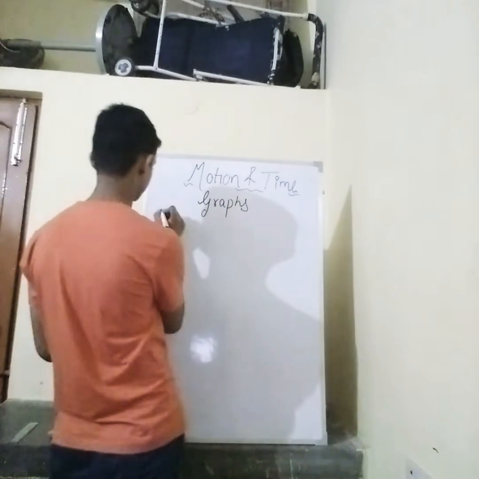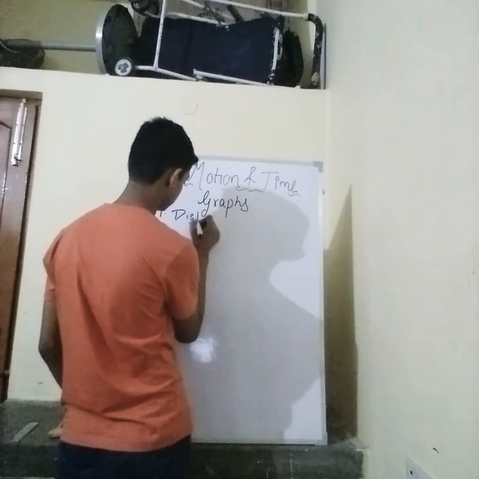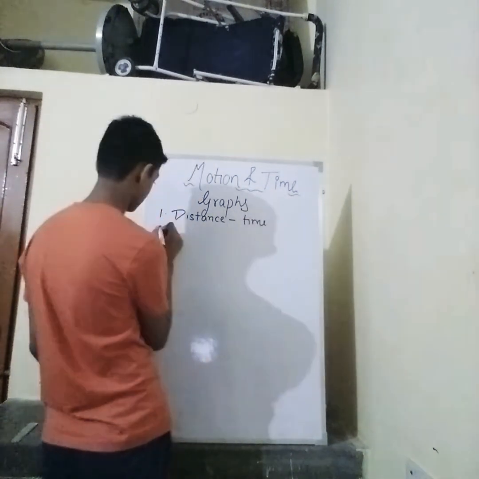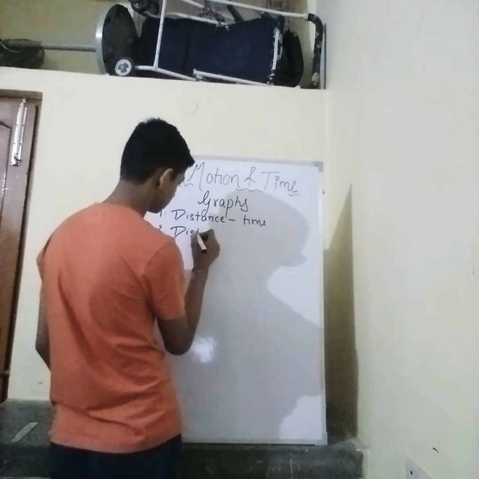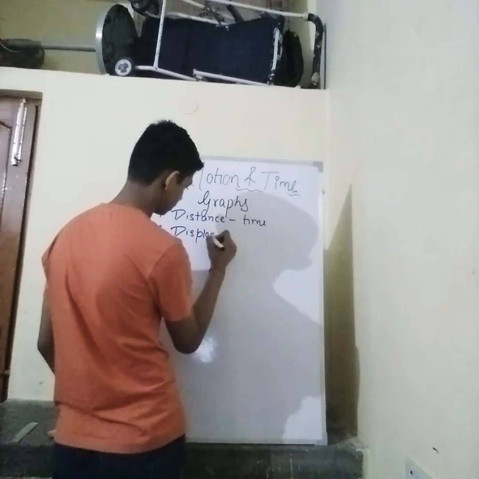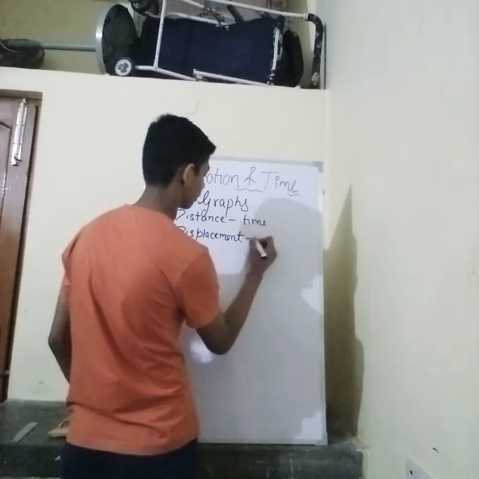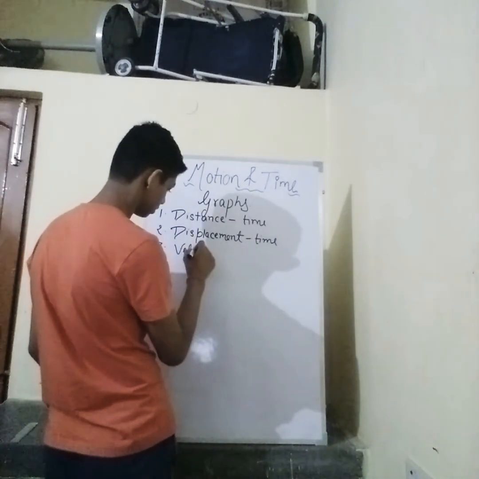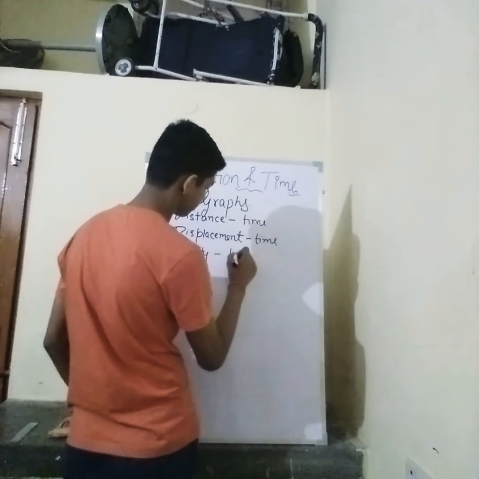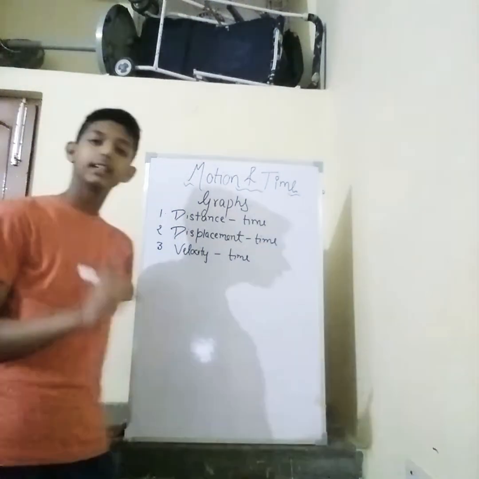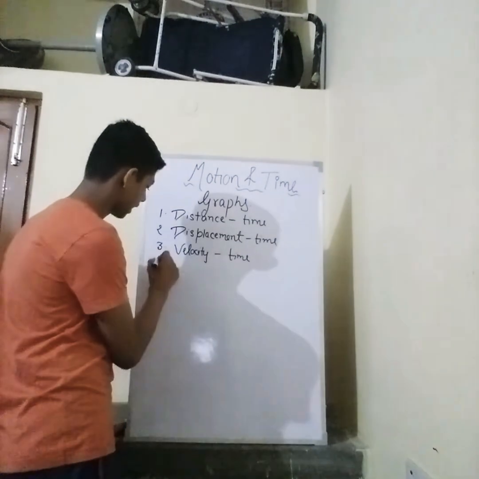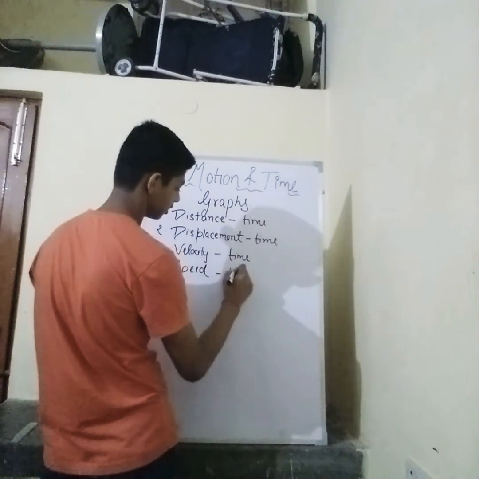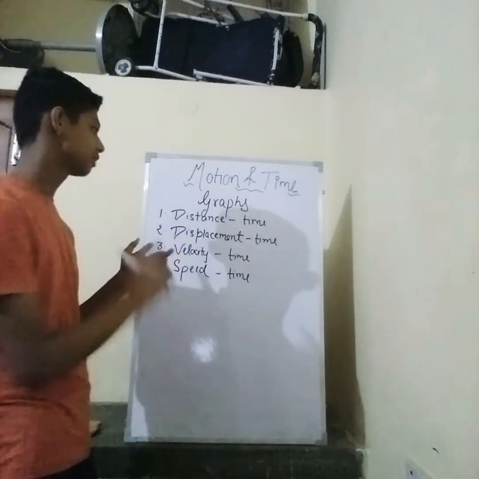There are four types of graphs. First is the distance time graph.